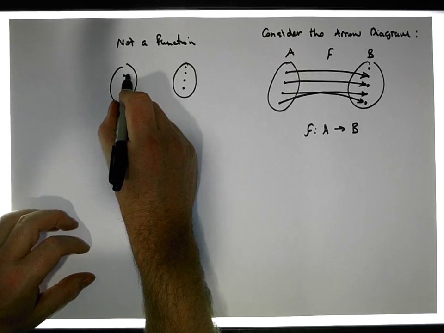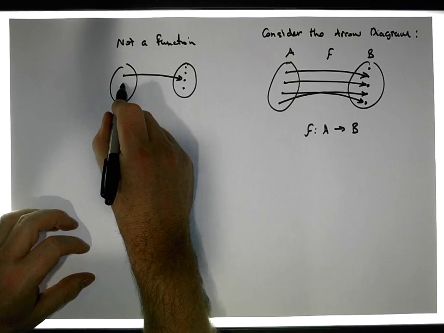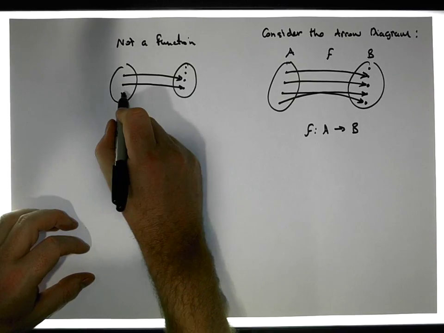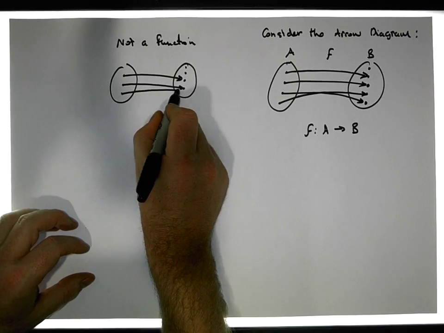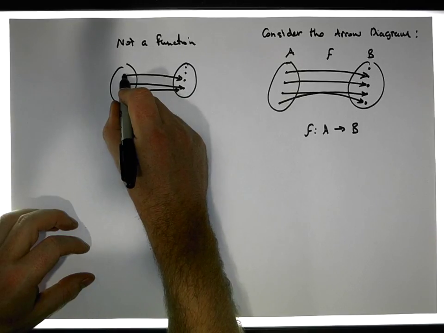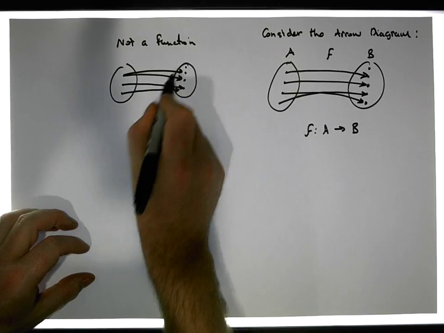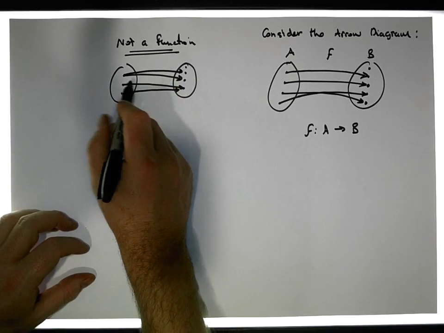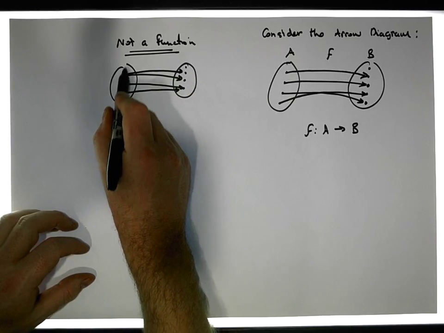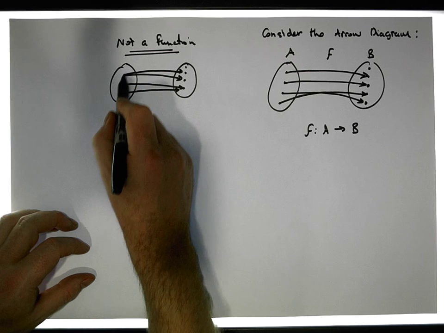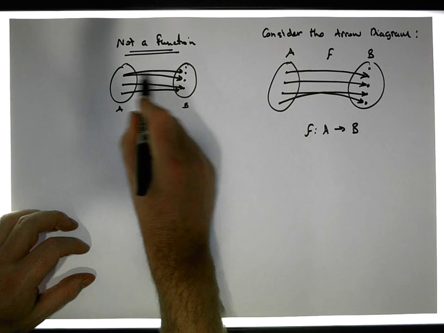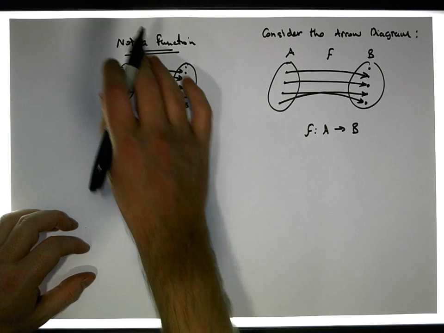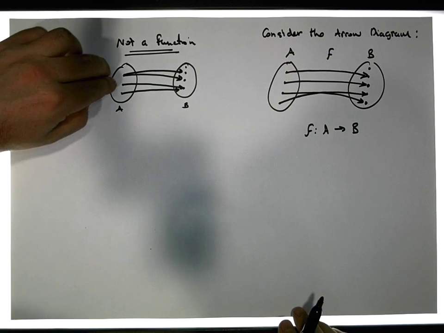This goes here, this goes here, and now I also have that this goes here. This is not a function because the second condition associated with a function is not satisfied. We have two arrows from the same element in set A that are taken to two separate values. So by definition, that's not a function. So we never have two arrows going out.